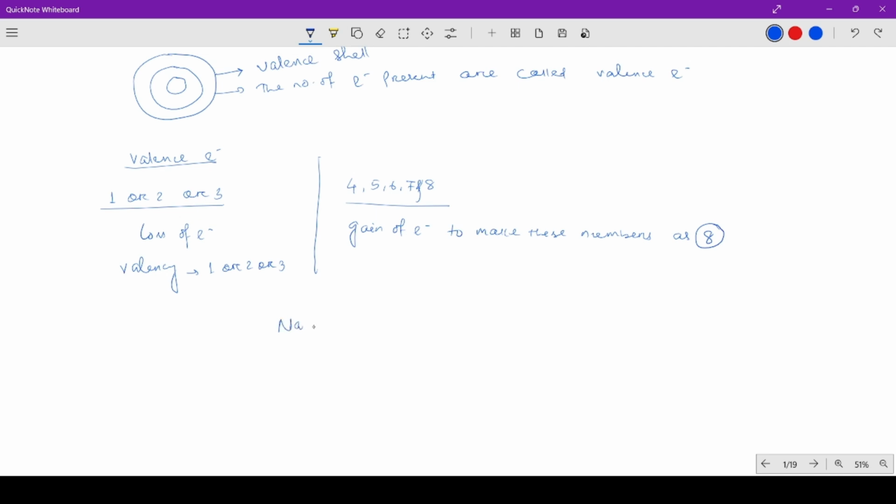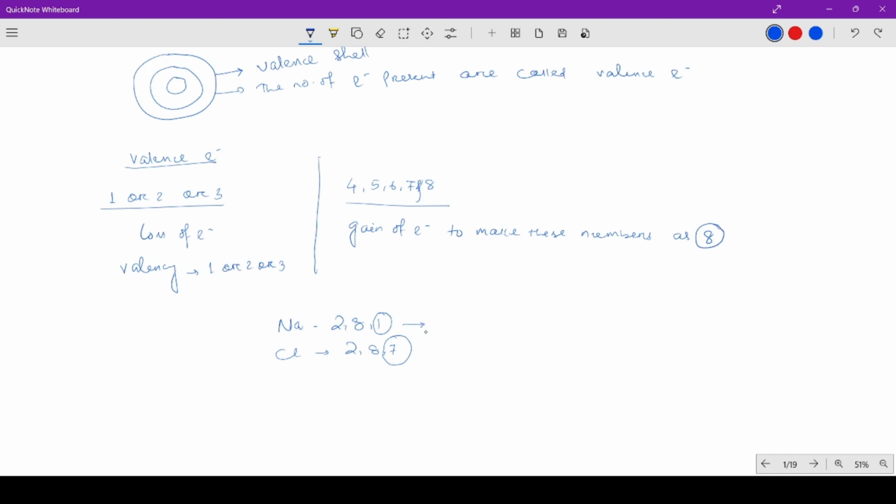Let's say sodium, whose electronic configuration is 2, 8, and 1, and chlorine, whose electronic configuration is 2, 8, and 7. You see in the outermost shell of sodium 1 electron is there, and in chlorine 7 electrons are there. In general, it is easier to lose 1 electron instead of gaining 7 electrons.